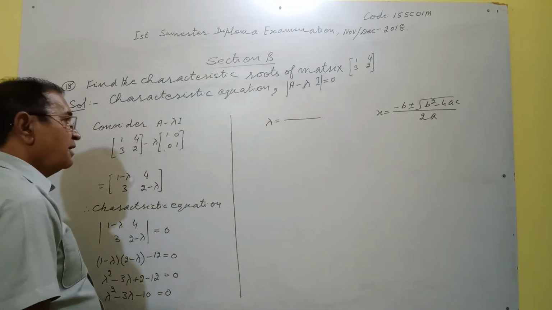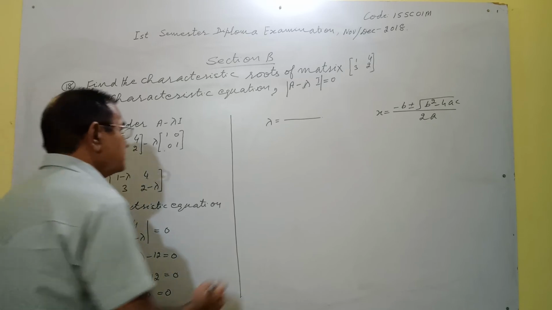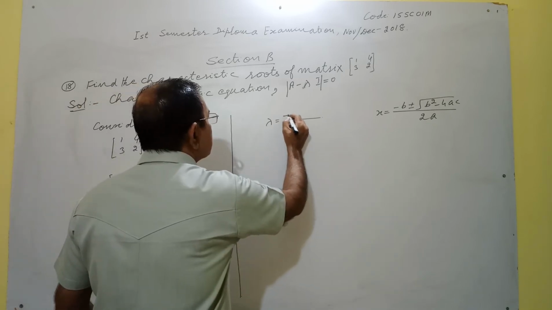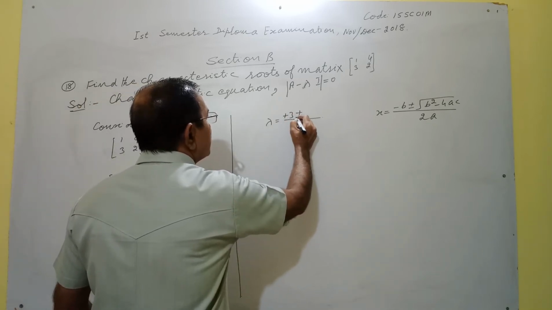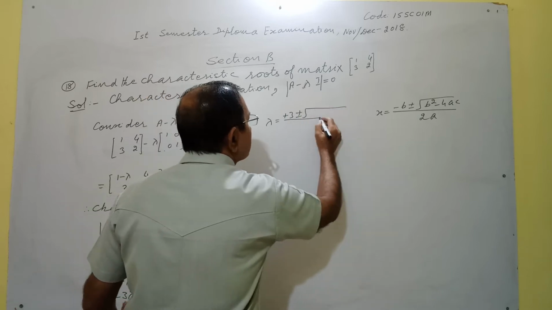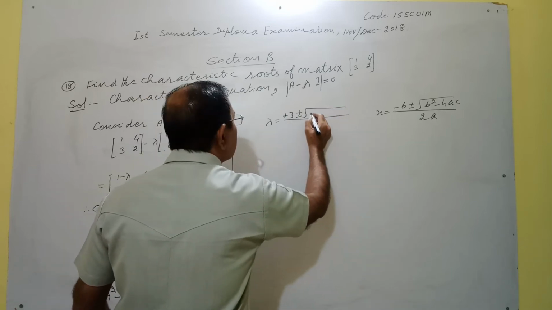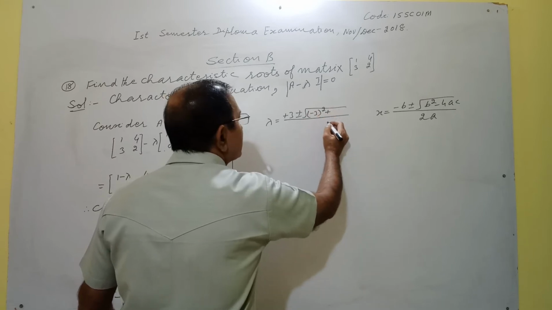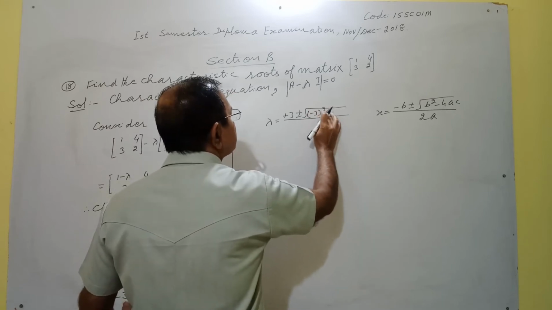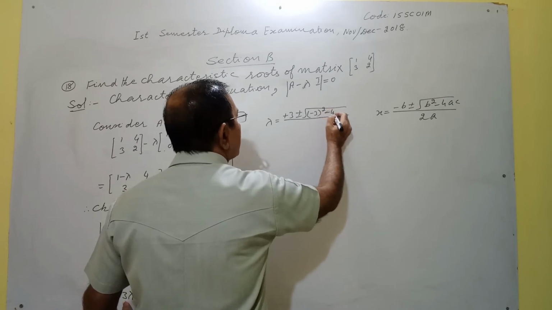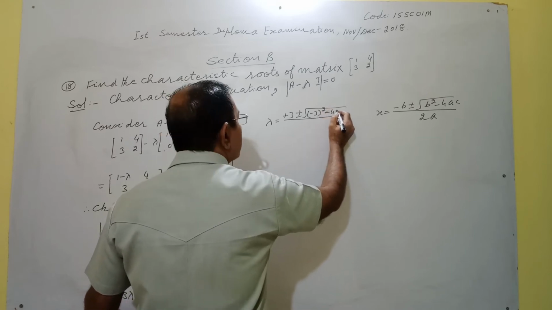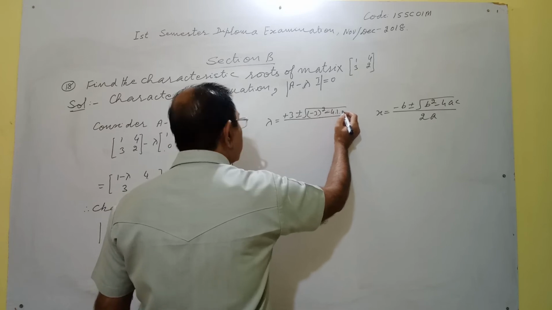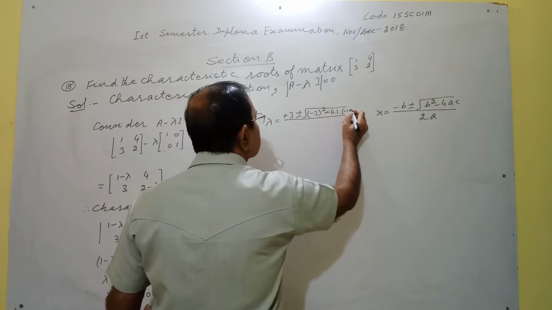So here you will get lambda equals minus minus 3, that is 3, plus minus square root of b square, minus 3 square, minus 4 a for 1, c for minus 10.